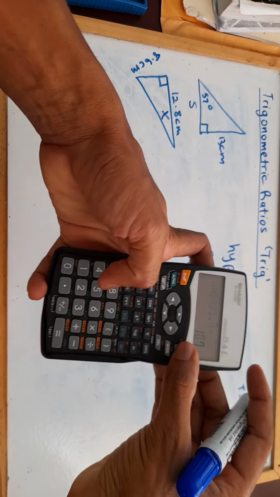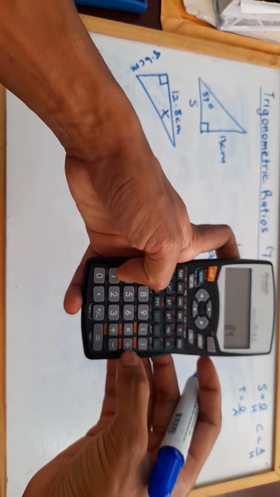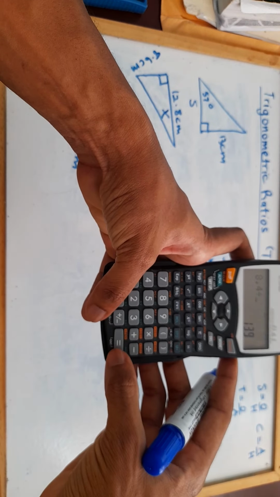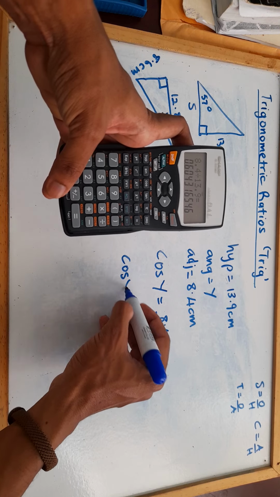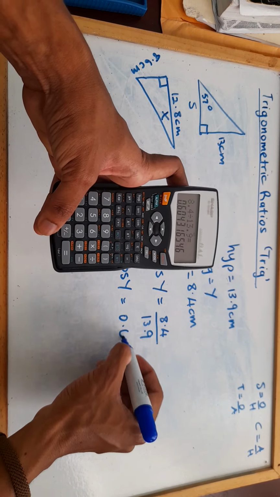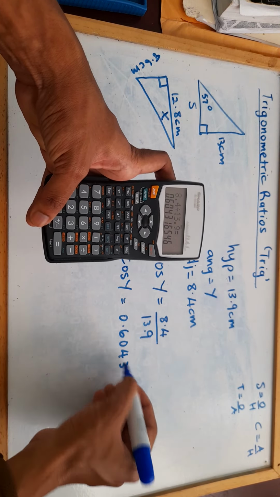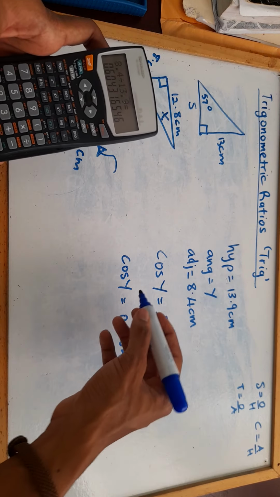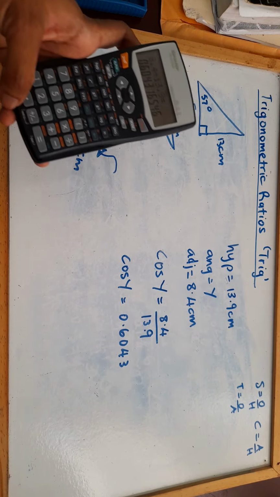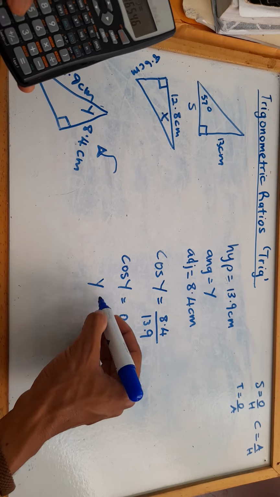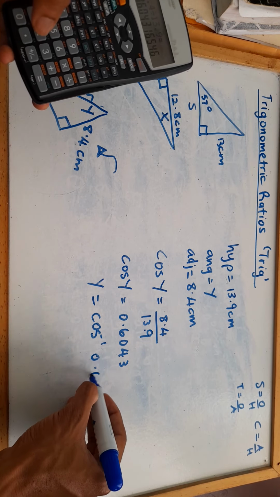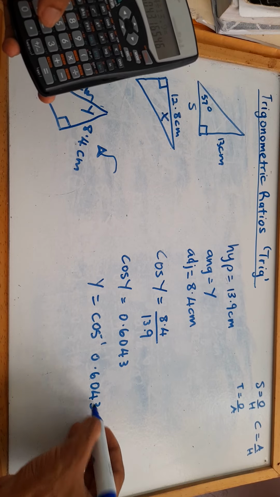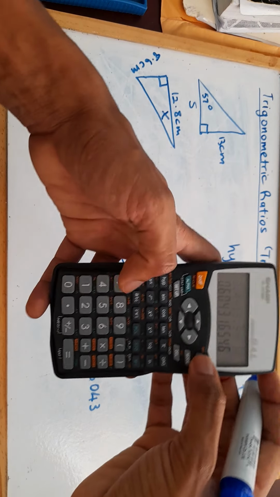Input 8.4 divided by 13.9. So again, at least 4 decimal places, 0.6043. And when we transpose a cos, similar to sine, we get the inverse cos of 0.6043, right?